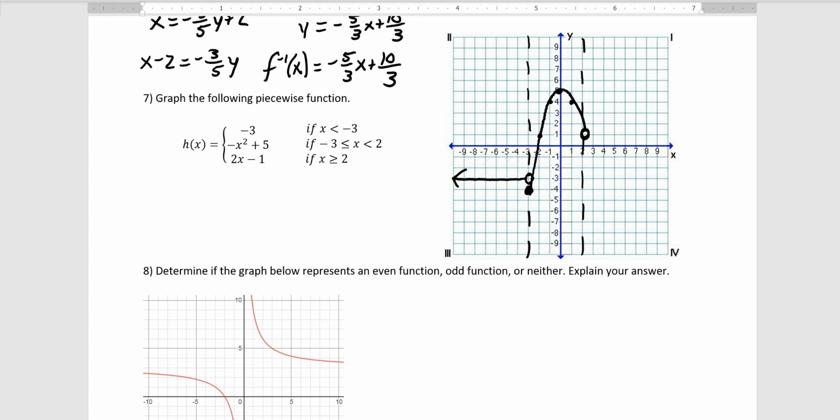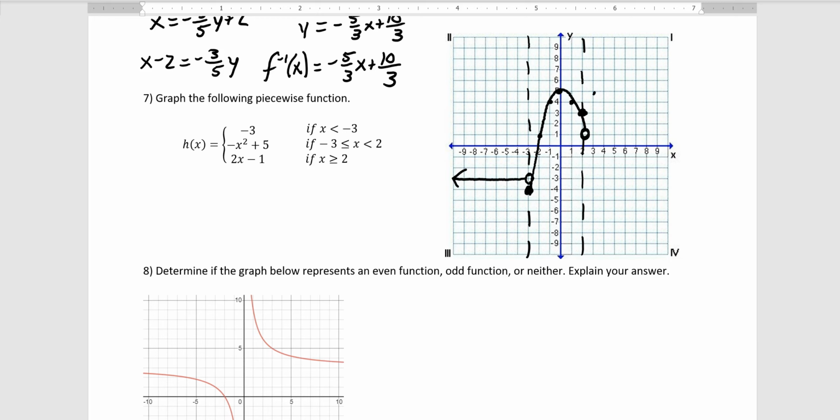That parabola graphed. Beautiful. And now 2x minus 1 if x is greater than or equal to 2. So remember, this minus 1 is from the y-intercept, so it would be here on this coordinate plane. And then I'm going to go up 2 over 1, up 2 over 1, closed circle since it's greater than or equal to 2.